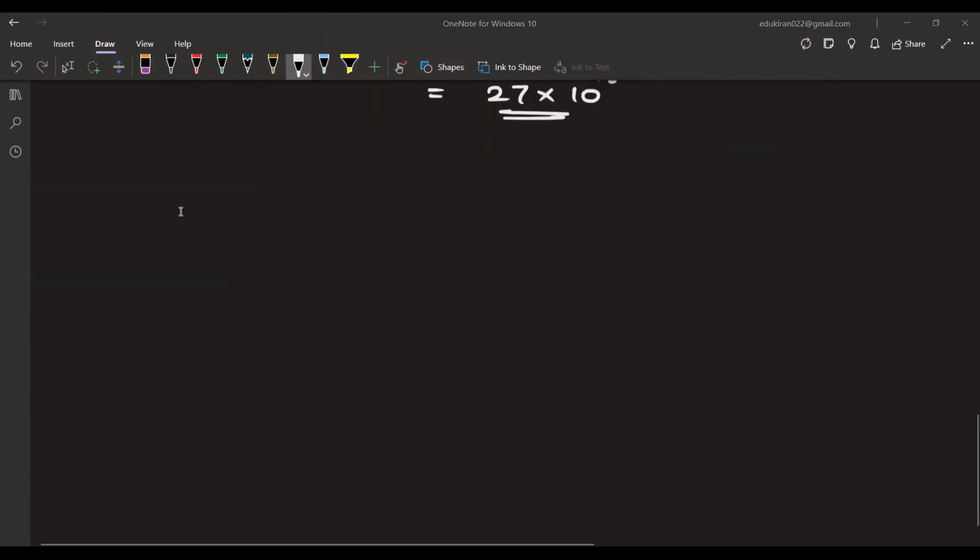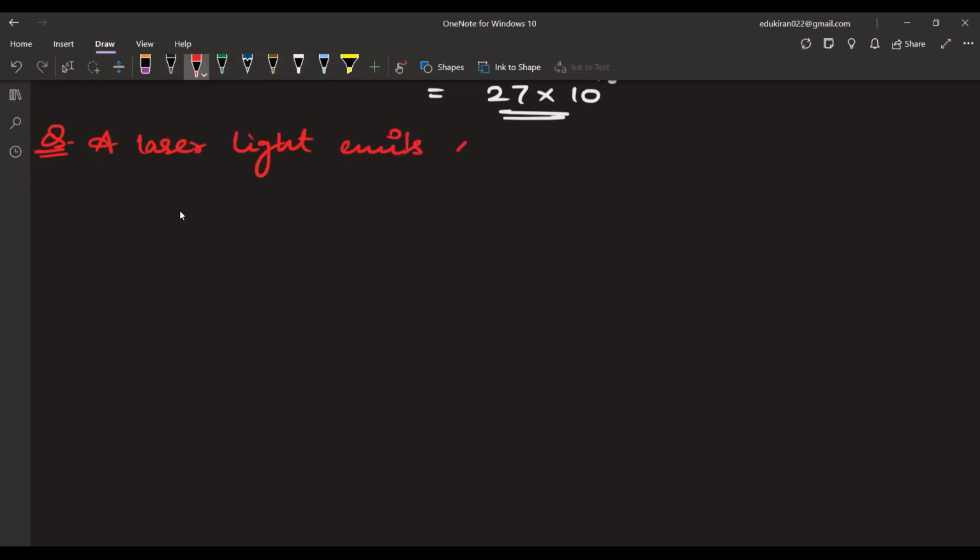Write another question। सवाल: a laser light emits 4 into 10 to the power 3 photons in 2 nanoseconds.